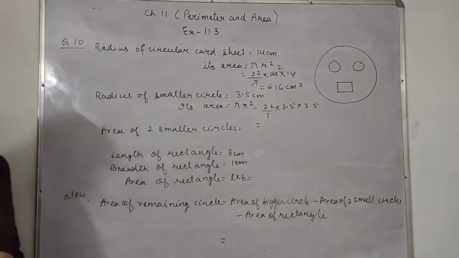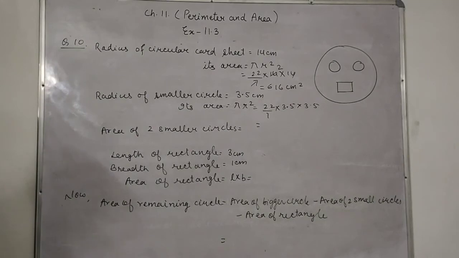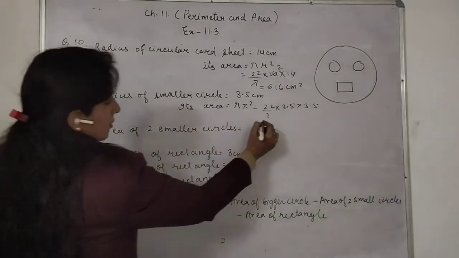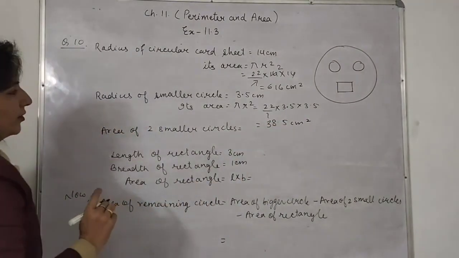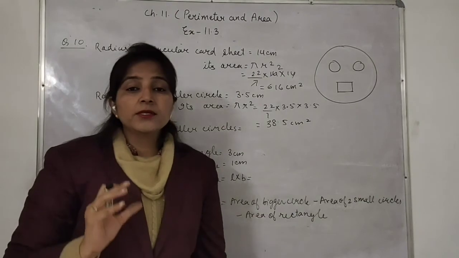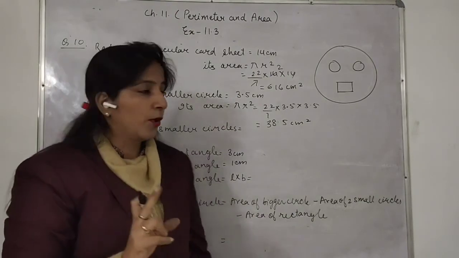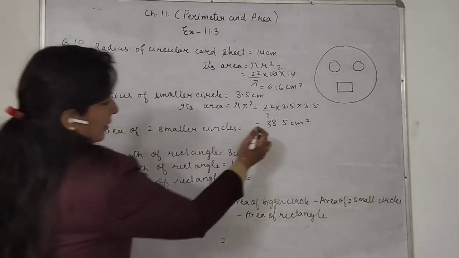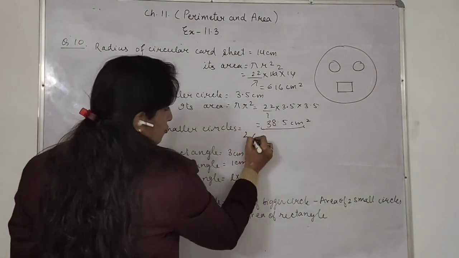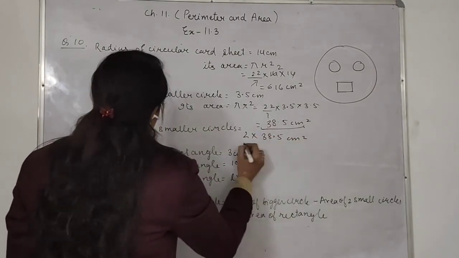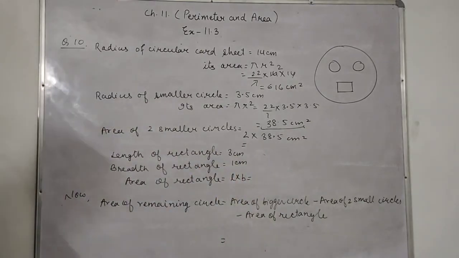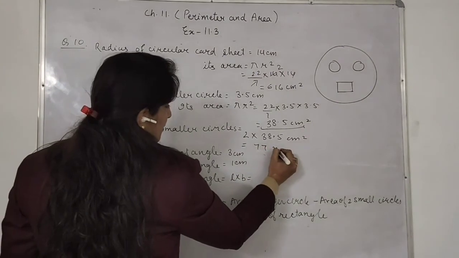After solving this, we have 38.5 centimeter square, the area of the smaller circle. But the circles are 2, not 1. So we need to multiply this by 2. So 2 multiplied by 38.5 centimeter square. So the area of the two smaller circles will become 77 centimeter square.